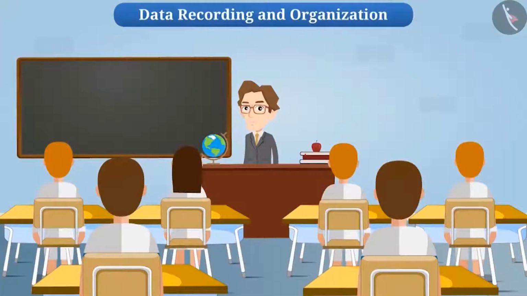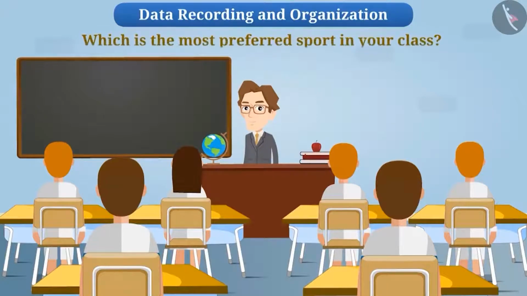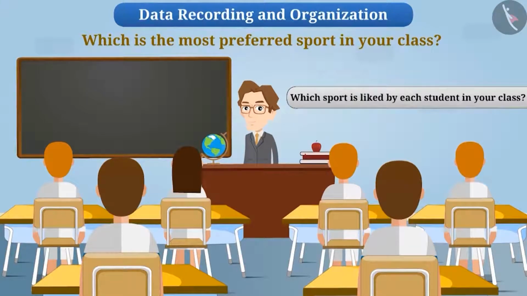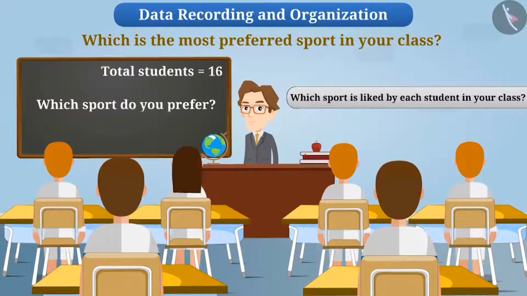Suppose you want to find out which is the most preferred sport in your class. How would you find this? Think for a while. For this, you have to find out which sport is liked by each student in your class. Suppose there are 16 students in your class.